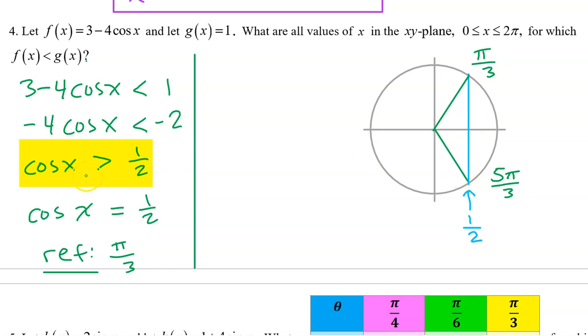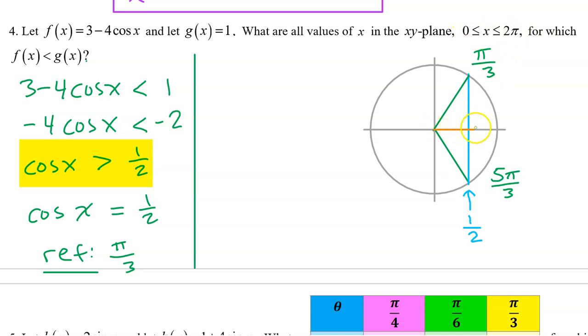We are looking for the angles where the horizontal displacement is greater than 1/2. So we are looking for the angles where the horizontal displacement is to the right of this light blue line. The domain goes from 0 to 2 pi, including the endpoints 0 and 2 pi. So we have to begin our rotation at 0 and end at 2 pi.